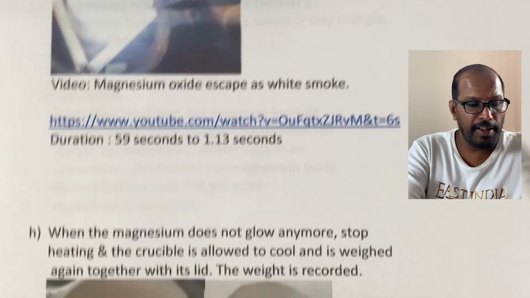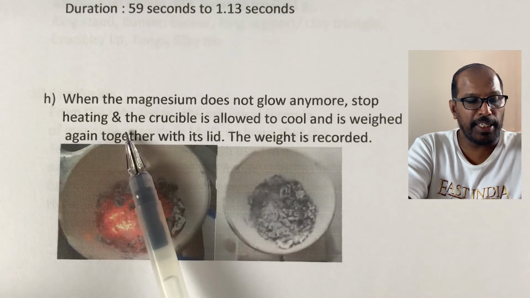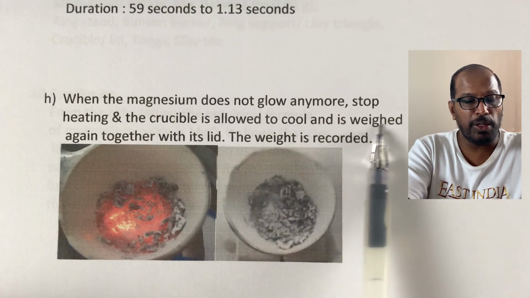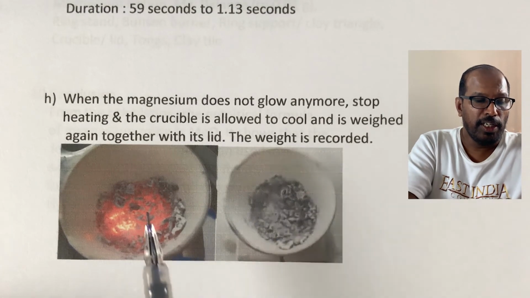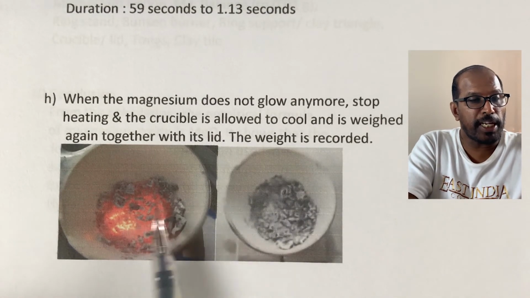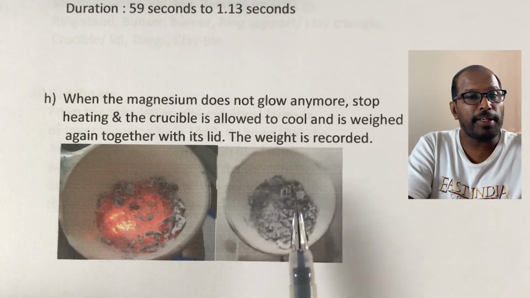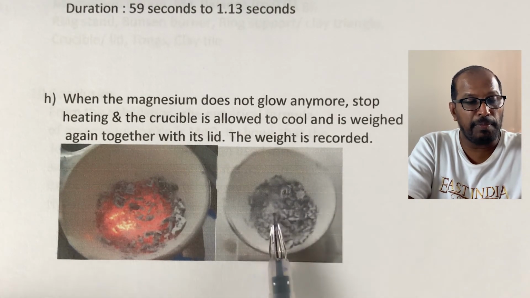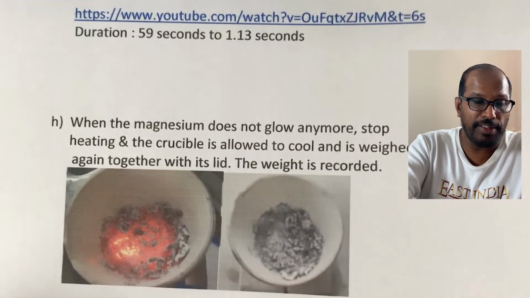Now when the magnesium does not glow anymore, stop heating and the crucible is allowed to cool and weighed again together with the lid, and this weight is recorded. If it is still hot, that means the experiment is not completed. Once it's cool, it becomes a white powder, so then you can actually measure the weight.